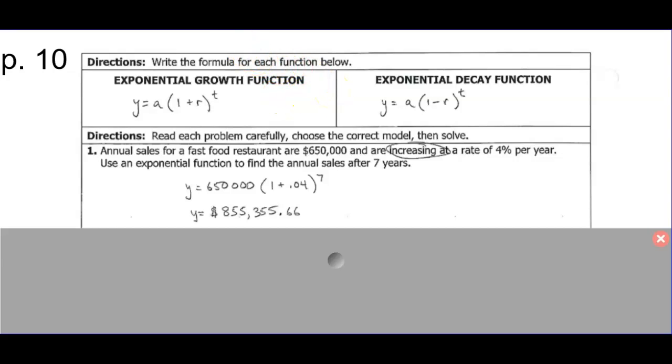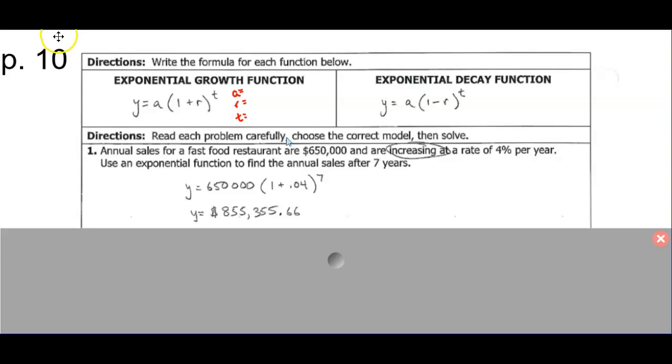If I'm doing this one in my packet with a blank page, after I write down the formula, I'm going to write A equals, R equals, and T equals, and then try to write down what these 3 things represent. Practice that. As you go through these, you're reading for what kind of problem it is. Is it increasing or decreasing? That will dictate whether it's a plus or a minus. Do your rounding and you should be good.